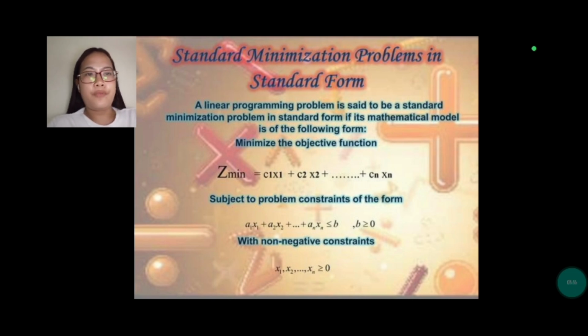Its mathematical model is of the following form: minimize the objective function z = c1x1 + c2x2 + ... + cnxn, subject to problem constraints of the form a1x1 + a2x2 + ... + anxn greater than or equal to b, where b is greater than or equal to 0. And the non-negative constraints: x1, x2, ..., xn greater than or equal to 0.